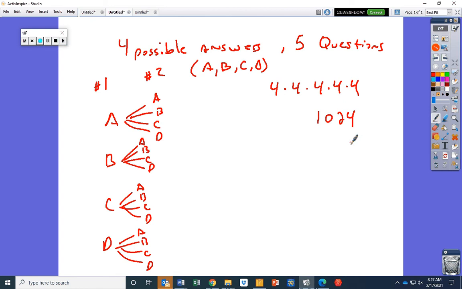Okay. Would this be a possible combination? How many are like that? 1 out of how many? 1024. Okay. So if I said, what is the probability that someone chose all A's? 1 in 1,000.